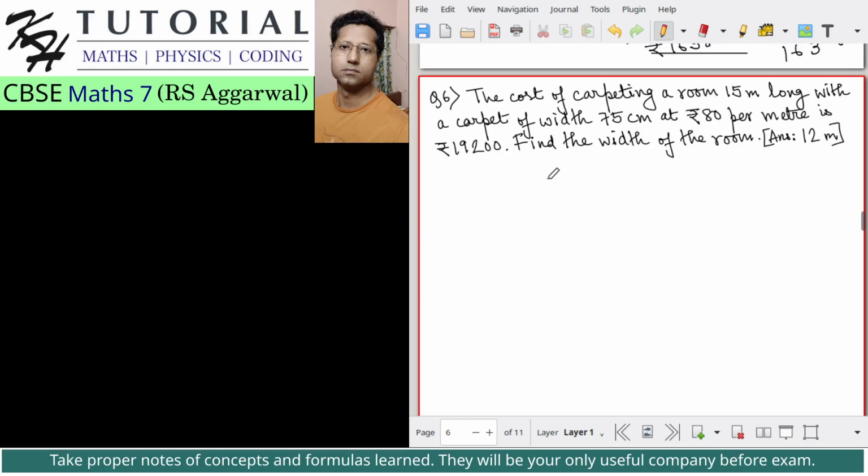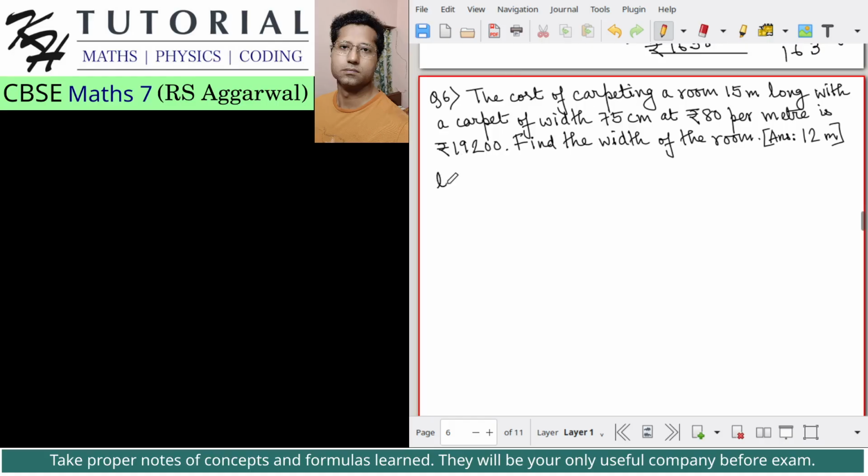So you must be very clear about assuming some unknown as a variable and then applying the given information in the problem to form a linear equation and solve for the variable. So it is asking to find the width of the room.